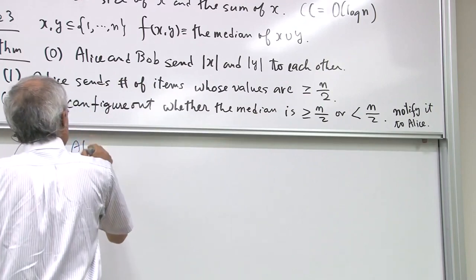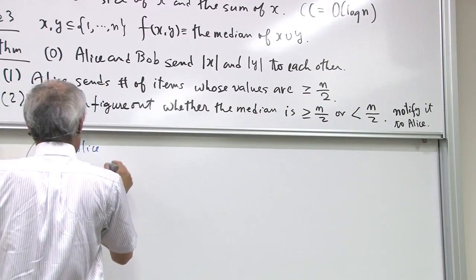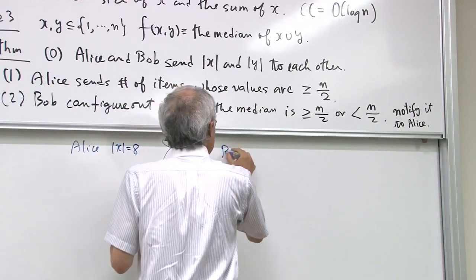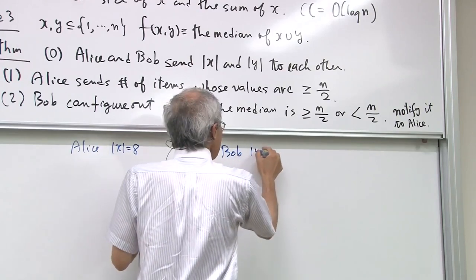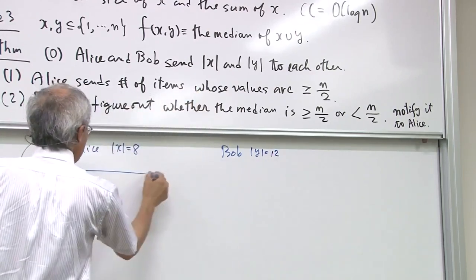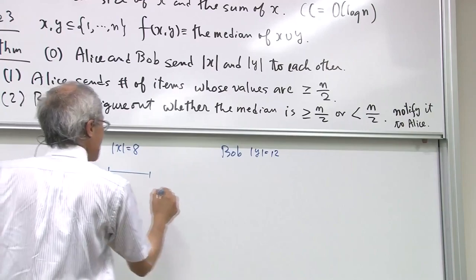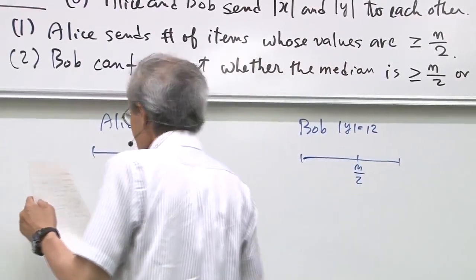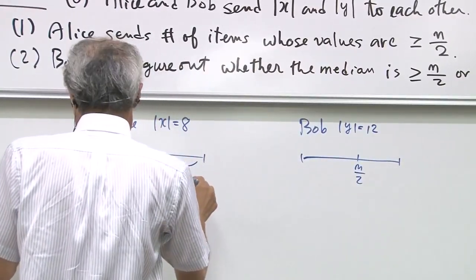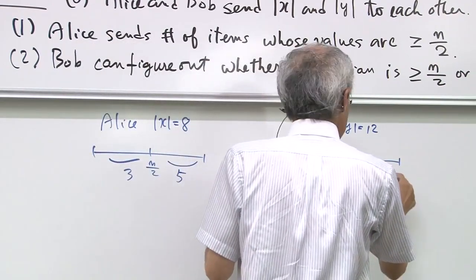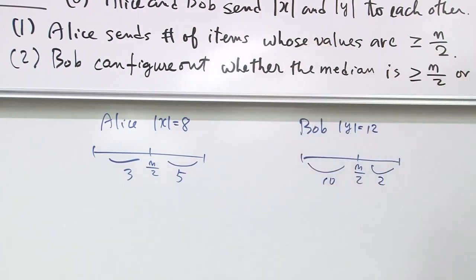For example, Alice has x, Bob has y. Just think of an easy example.